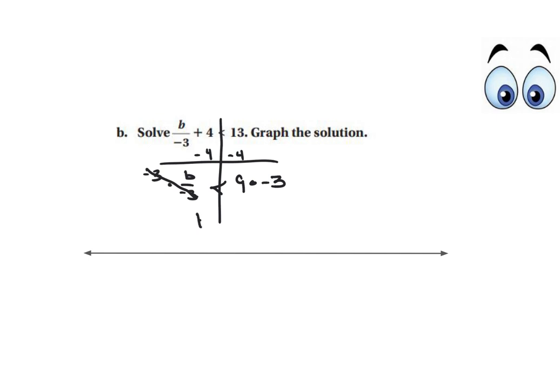And we're left with b. However, we did multiply by a negative, so our sign needs to flip. And 9 times negative 3 is negative 27. So negative 27 is the term that gets plotted. It is greater than, so it will just be an open circle with the arrow going to the right of negative 27.